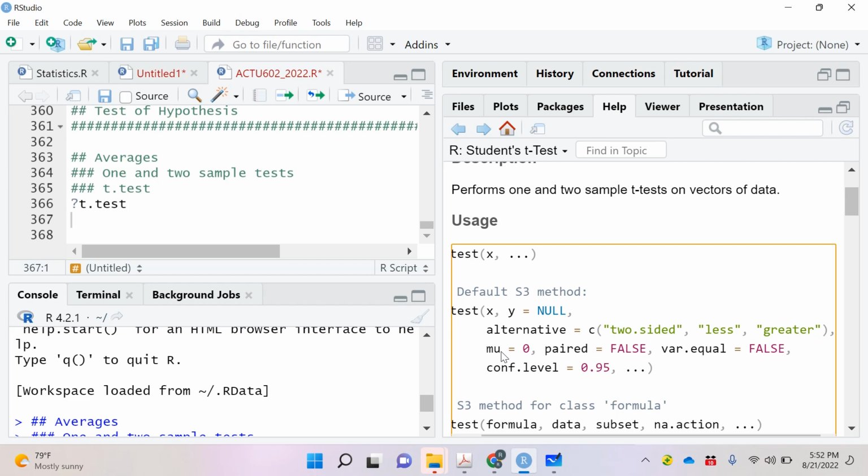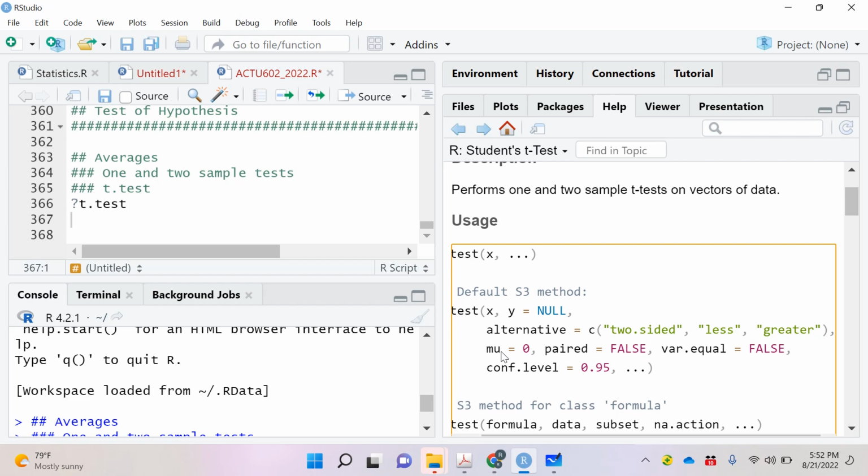So you bring an intervention, you want to see how, so you measure something before and then after. Okay, that is a paired test. So paired is a logical argument. If we say true, it means we are doing a paired thing. If it is false, by default it's false, so it means it is the independent samples.